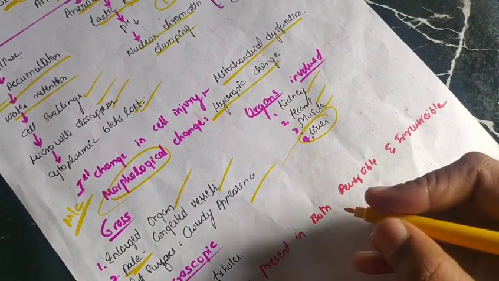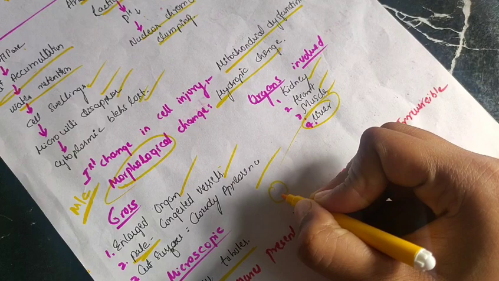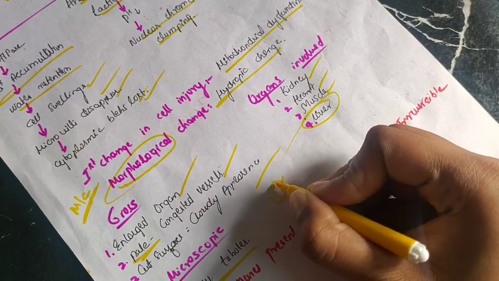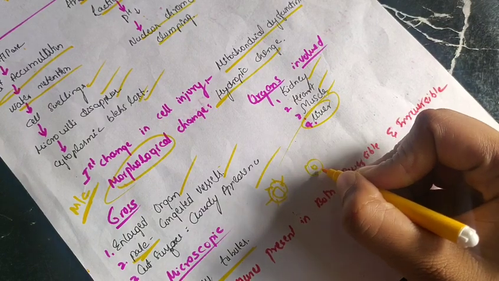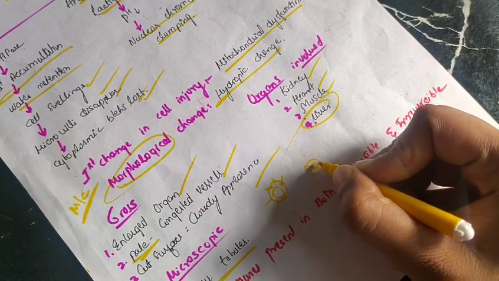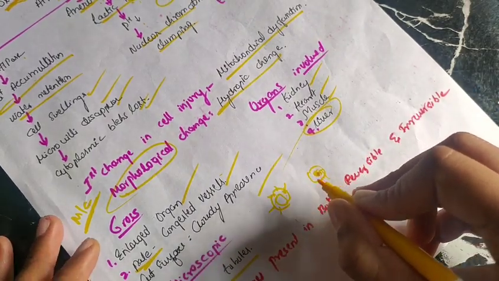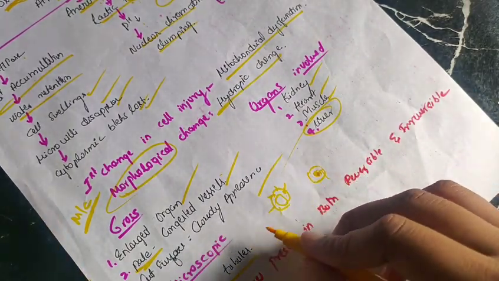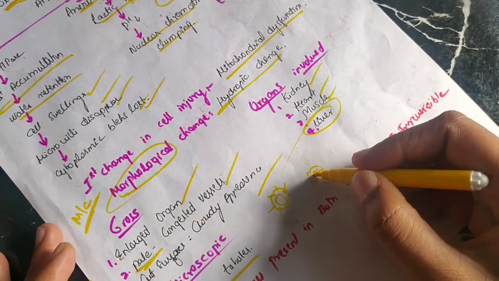Microscopically, taking the example of the kidney, the tubules start accumulating fluid, that is water, then the cells rupture and their contents are released into the lumen. Microscopically you can see the ruptured cell membrane and the contents released into the lumen.